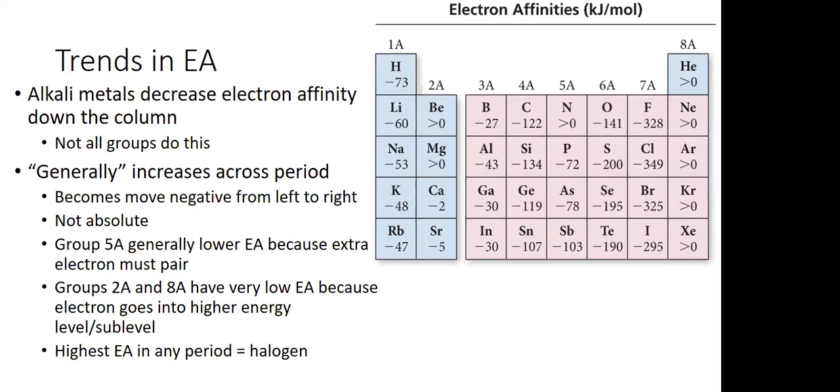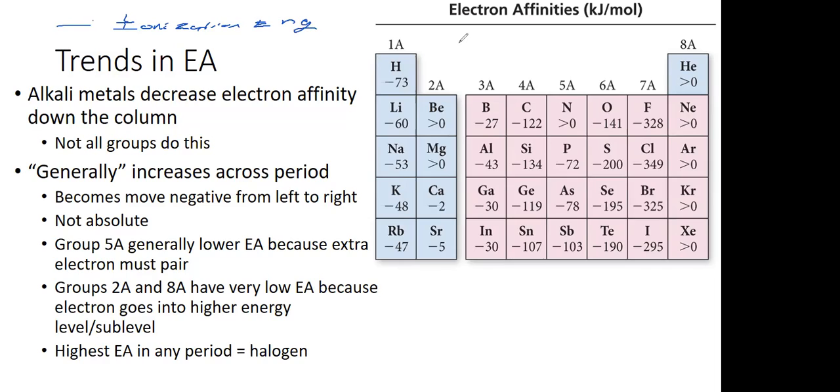So what we're going to talk about first off is electron affinity. Now, on Wednesday, what we talked about was ionization energy, right? Ionization energy is the opposite of electron affinity.